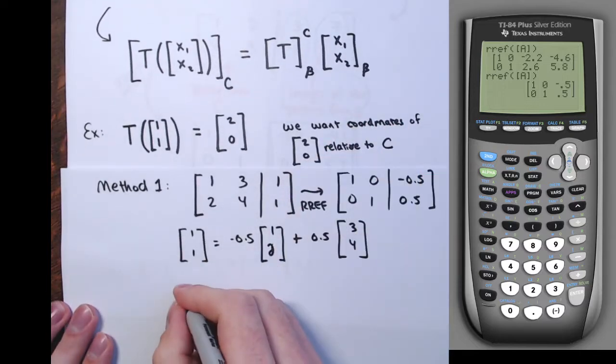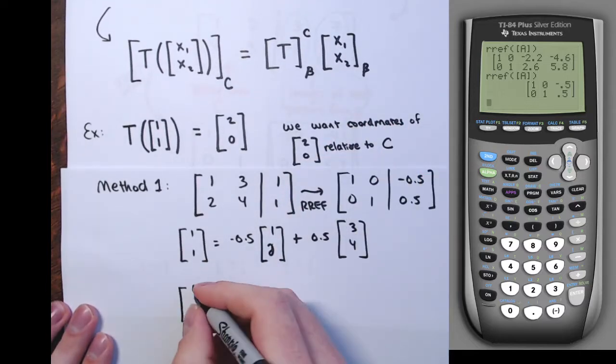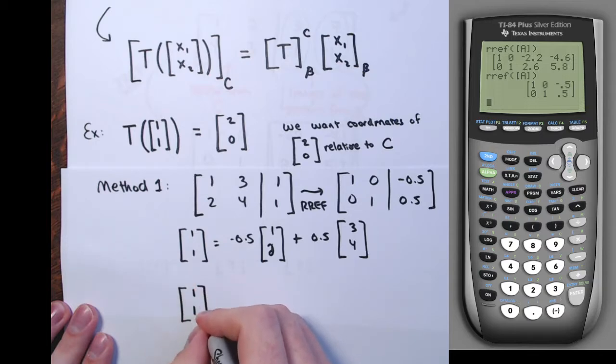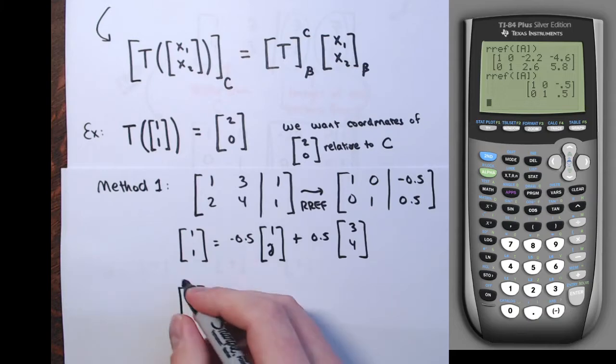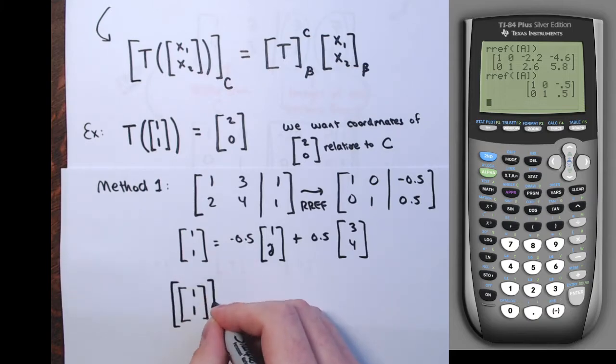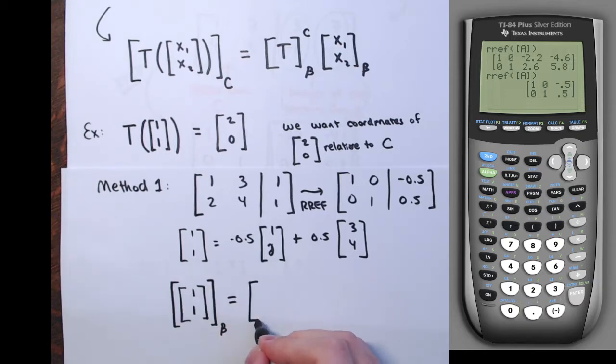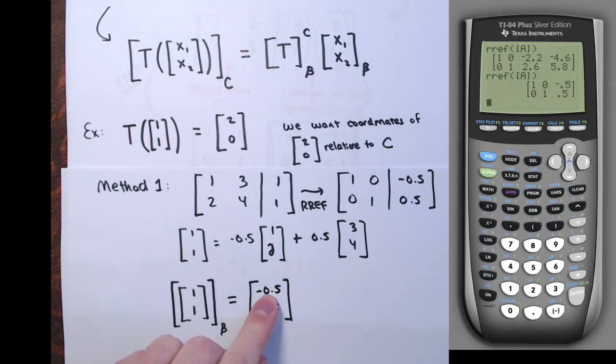The way we've been writing this in the past, the coordinates of the vector 1, 1 relative to the basis B for the domain is negative half, positive half. So negative half of the first vector from B plus positive half of the second vector from B will give me the vector 1, 1.